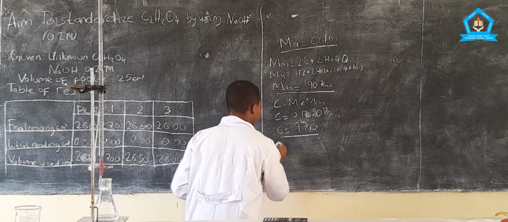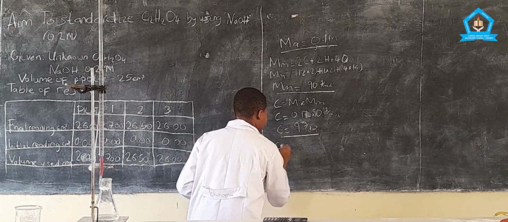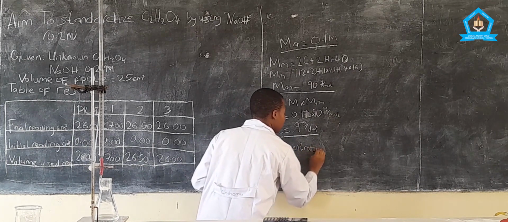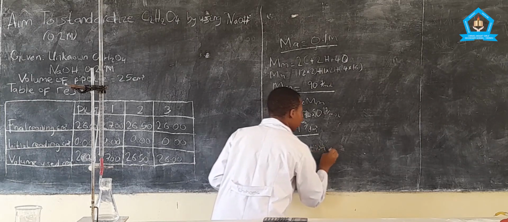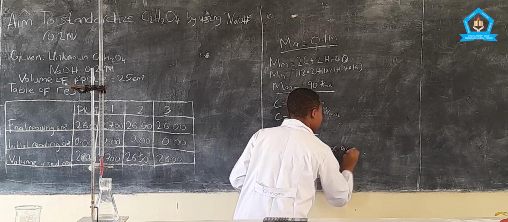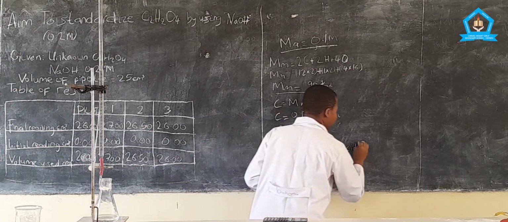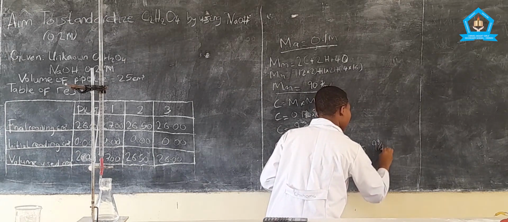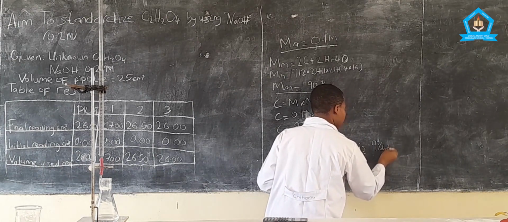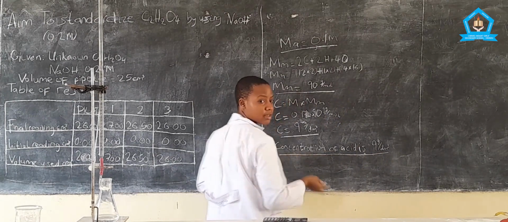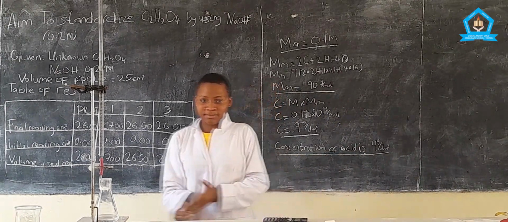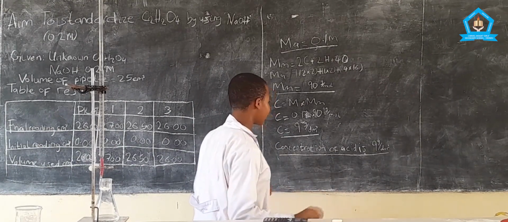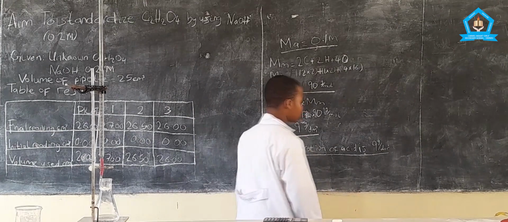And this is the concentration of acid. The concentration obtained of acid is 9 gram per decimeter cubed.